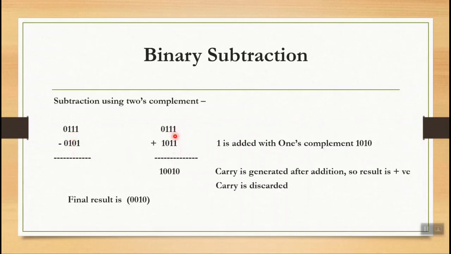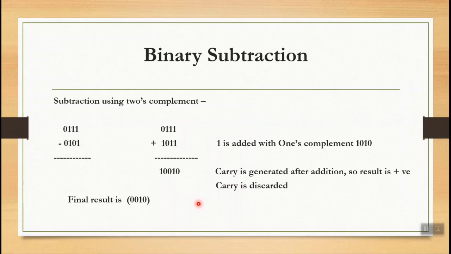The carry is 1, and 1 plus 1 is 0, the third is 0, carry is 1, that 1 and this 1 is 1, this 1 and that 1 is 0 and carry is 1. Now what we have done is first the binary number is converted to 1's complement, then 1 is added, and it becomes 2's complement.